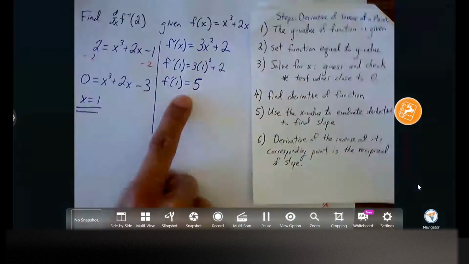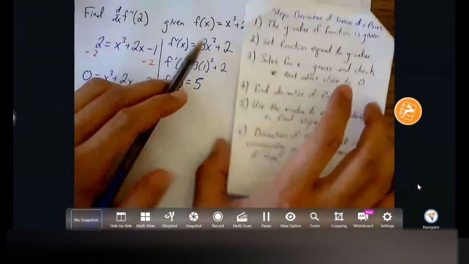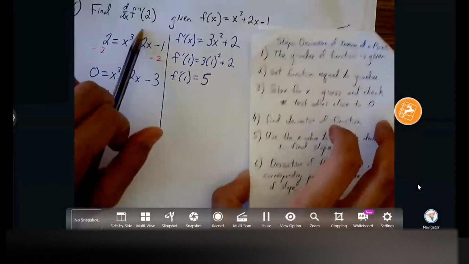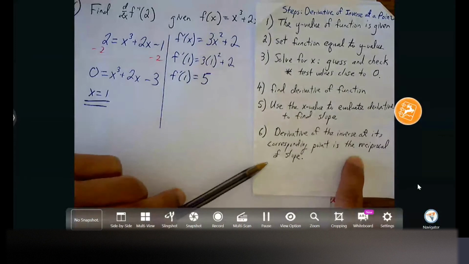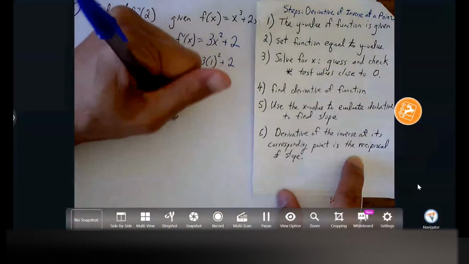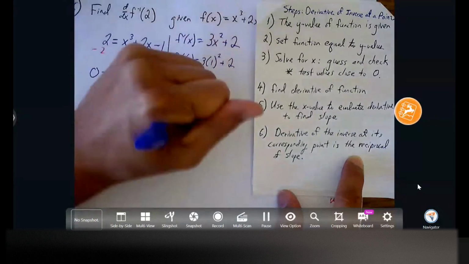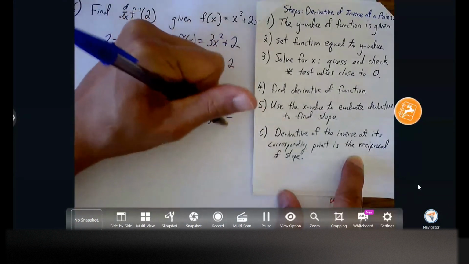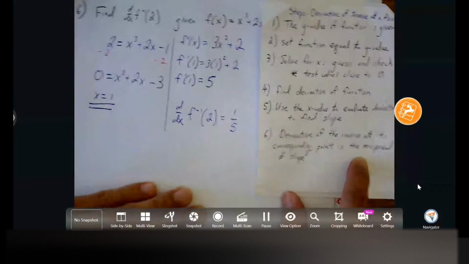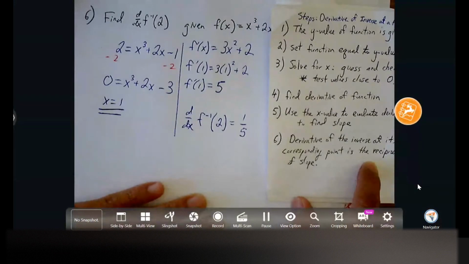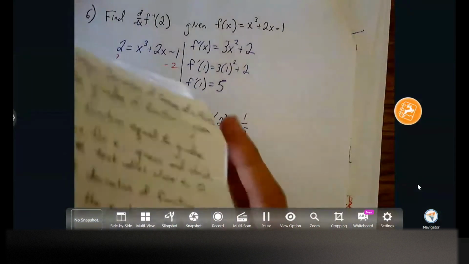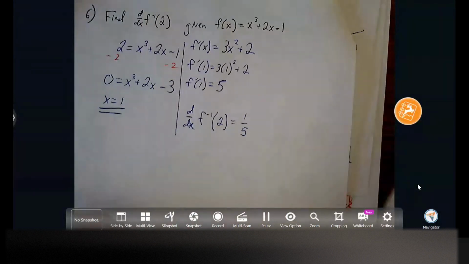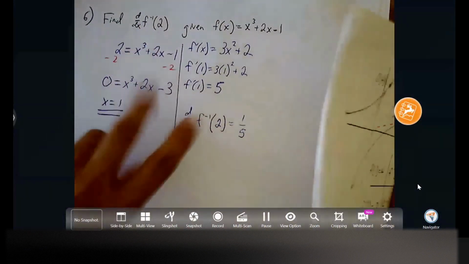So if the slope of my f graph is 5, then what's the slope of my inverse at 2? Would it be 1/5? It's the reciprocal. And to give you a visual picture as to why that's the case, you have two functions that are different ordered pairs, right?